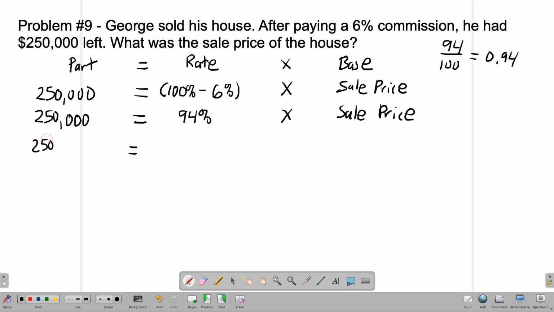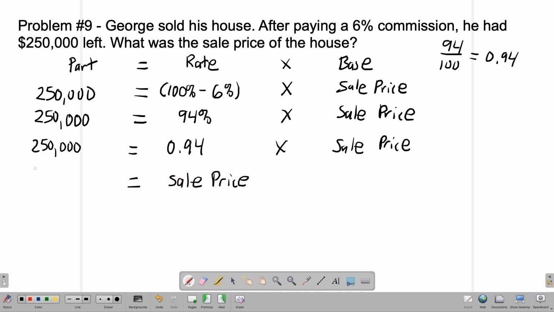We have 250,000 equals 0.94 times the sale price. So let's reword this. The sales price will remain on the right side of the equal sign because this is what we're trying to solve for. So we have 250,000 divided by 0.94. And so we're going to figure out what the sale price is for problem number 9.